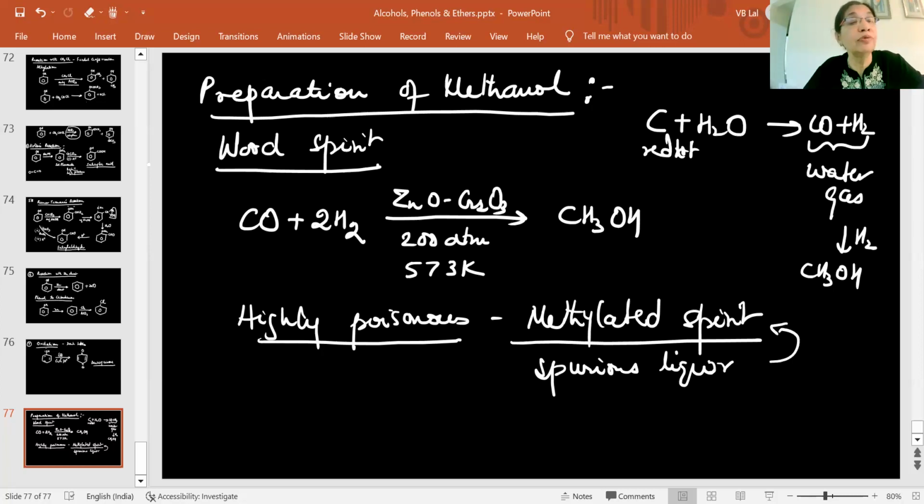People die of drinking it. You must have heard of liquor tragedies. What are liquor tragedies? When people drink spurious liquor or methylated spirit and they either become blind or they die because of drinking that liquor. So even small quantities of methanol can cause blinding and even death.